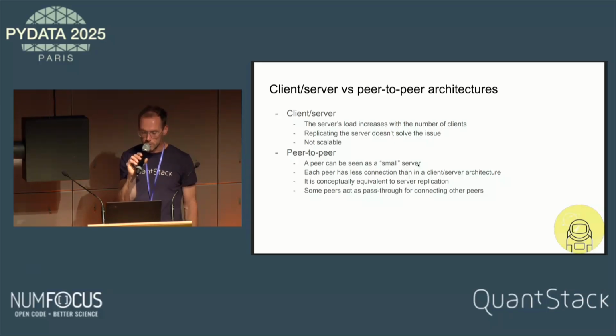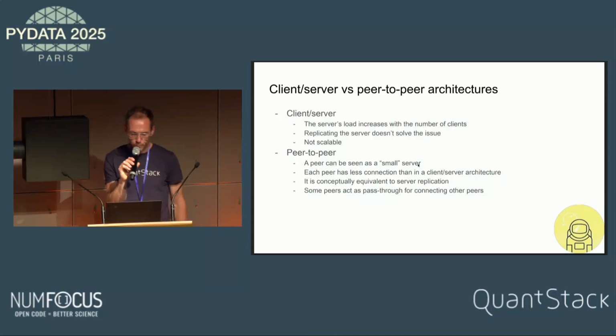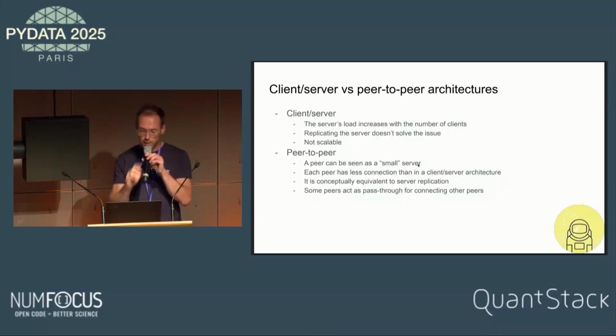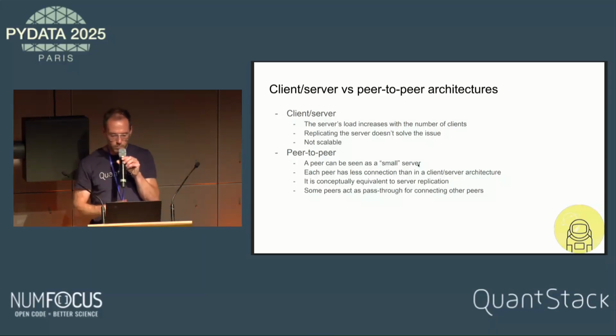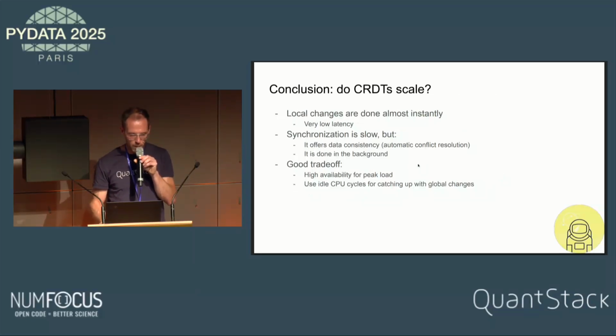So it certainly puts less load on every peer. It's conceptually equivalent to server replication, but some peers have to act as pass-through for connecting all the other peers. So there is something that is not optimal there.